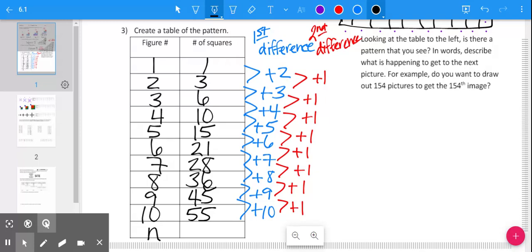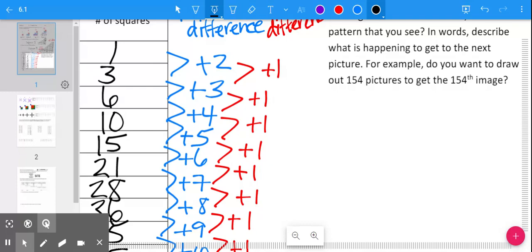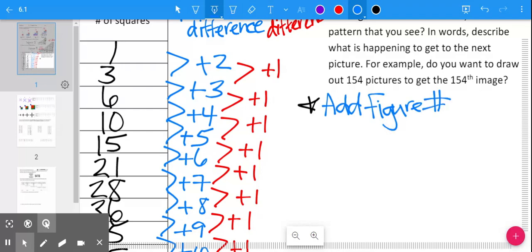So if we wanted to explain this basically, we could say that you add the figure number to the previous amount. That would be like our recursive formula. So add, and I'm going to put that in blue because it goes with my blue explanation. So add figure number to previous amount.